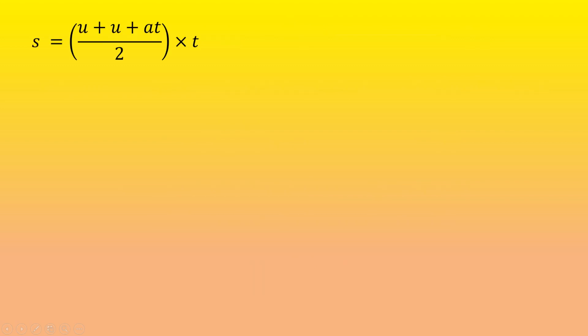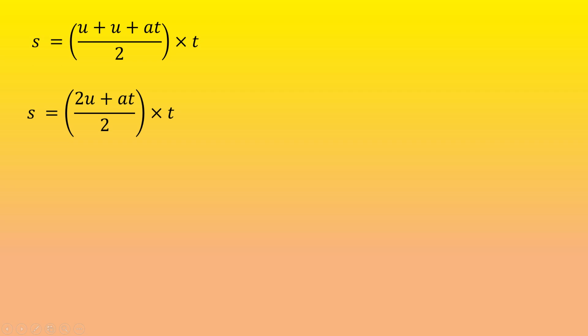We got u plus u plus at divided by 2 into time. Adding u plus u, that will be 2u. So s is equal to 2u plus at divided by 2 into t. Now I'm going to multiply this whole thing with t, sending t inside.